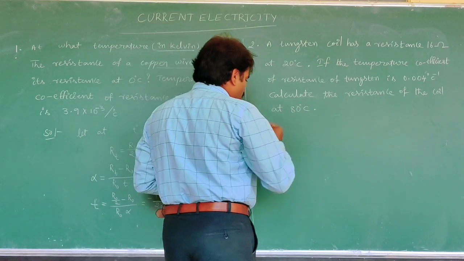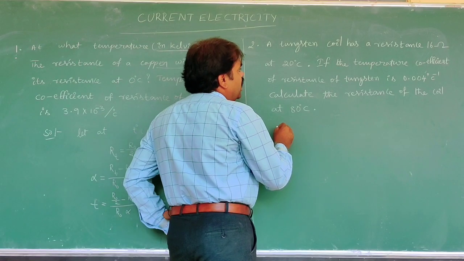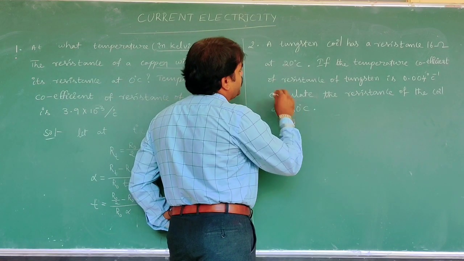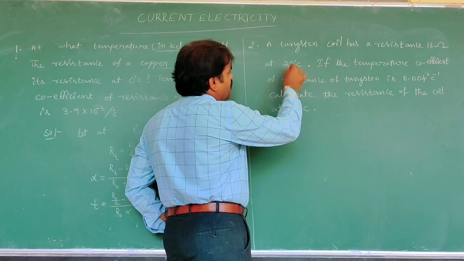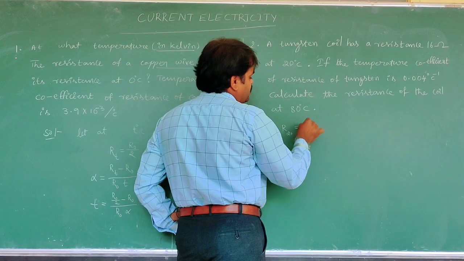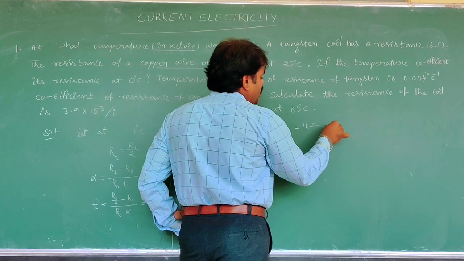Here, the resistance of tungsten at 20 degrees Celsius is given as 16 ohms.